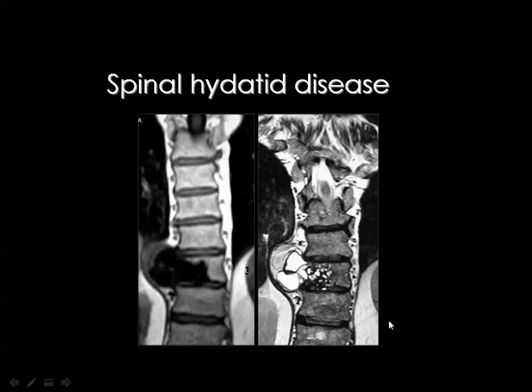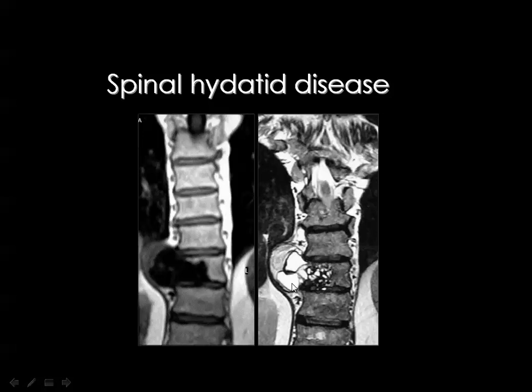And also here, you can see that there is a lesion infiltrating the vertebral body on the right side, with extension into the paravertebral space in the form of multilocular cystic lesions.